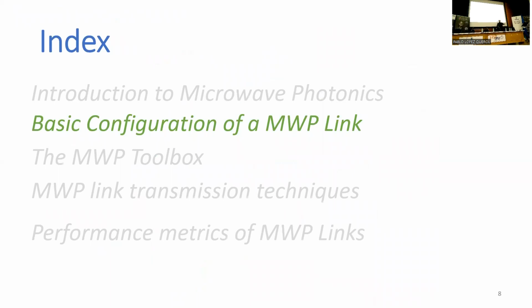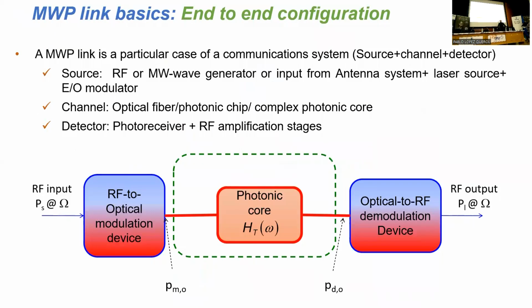Right. So let's see what the basic configuration of a microwave photonic link is. We have, in a way, anticipated it before, but we are going to stick to the photonics part. It's a particular version of a communication system. So we're going to have a transmitter, a channel, and a receiver. But in this case, there is a transition at the transmitter and the receiver from the RF to the optical world, and vice versa. And in the middle, there is a photonic core.